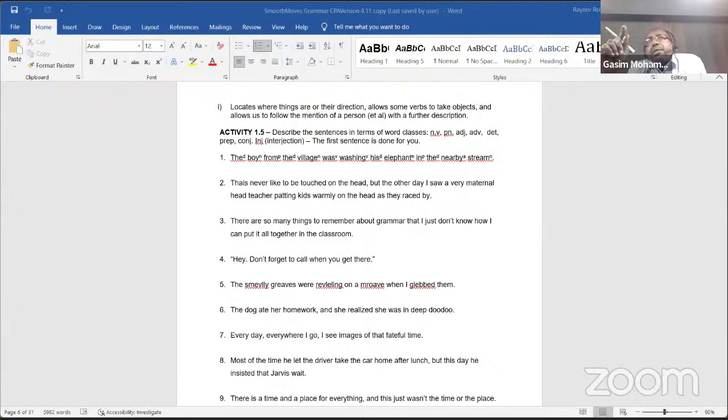So they're talking about "can put." I don't know how I can put it all together. "All" is an adverb. "Together" is an adverb. They're both adverbs because they're modifying "can put." I don't know how I can put it all together. Okay.